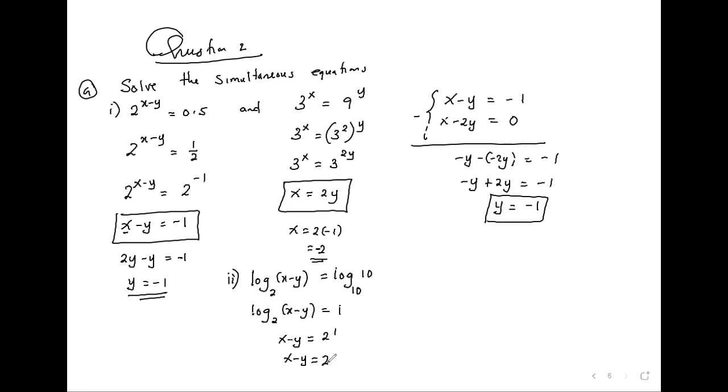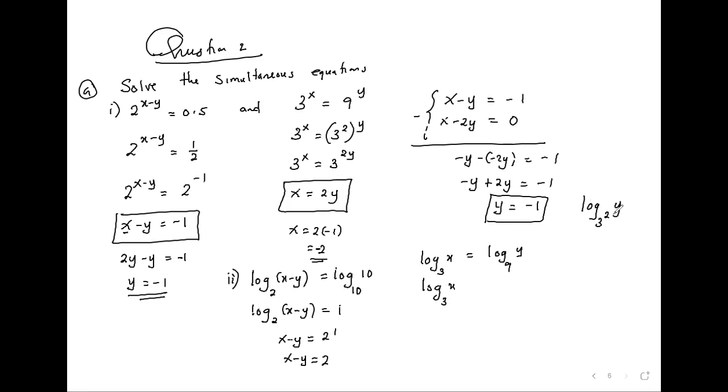The other one is log x base 3 is equal to log y base 9. Oh, but we know that we can write 9 as 3 to the power 2. So you can write this as log base 3 power 2 of y.